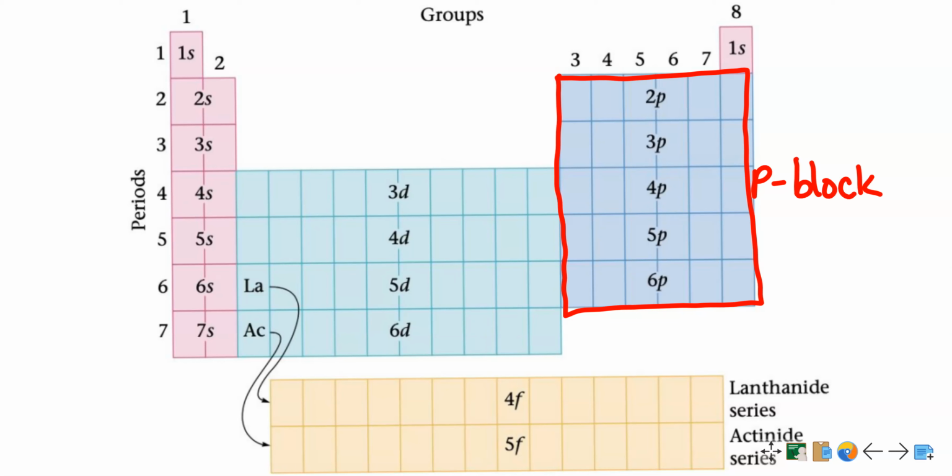Like this is 3p2 because it's in the second column of the third row of the p block. Okay? This is 5p5. I don't know what that element is off the top of my head because it's in the 5th column of the 5th period of the p block.